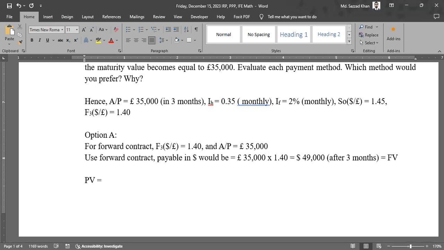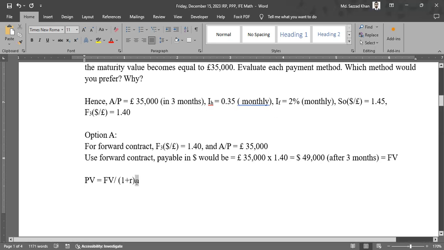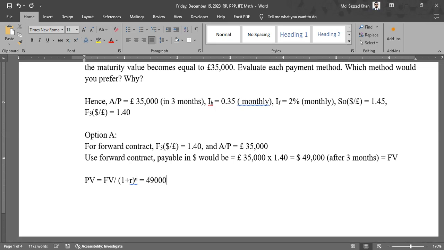From the present value formula, PV is equal to FV divided by 1 plus R to the power N. So FV here is 49,000 divided by 1 plus R. What would be the R?